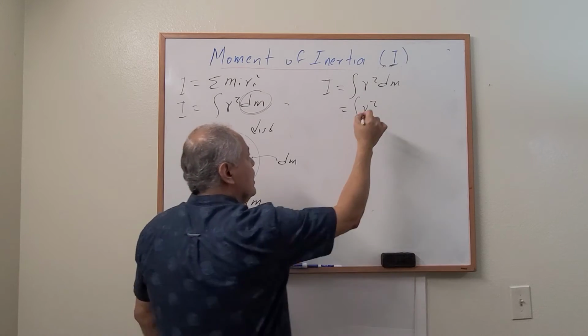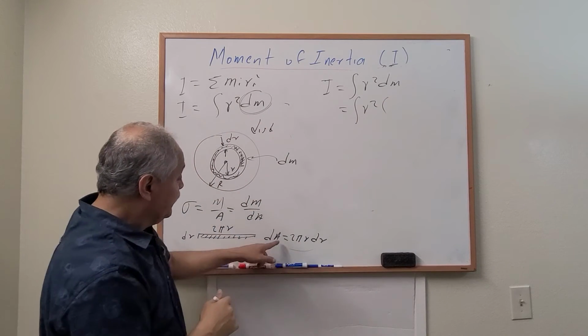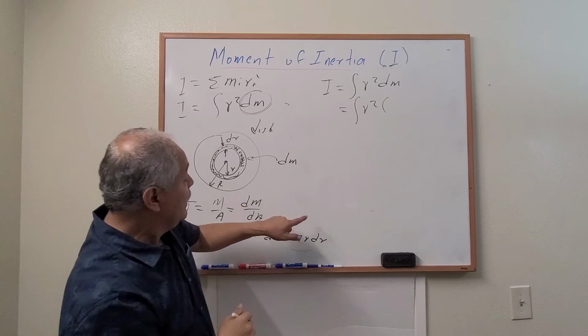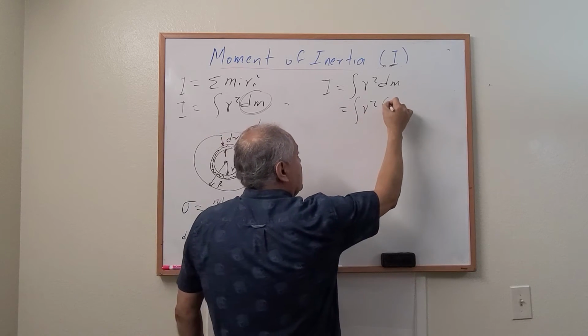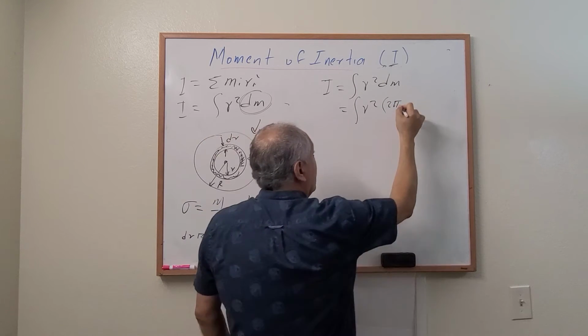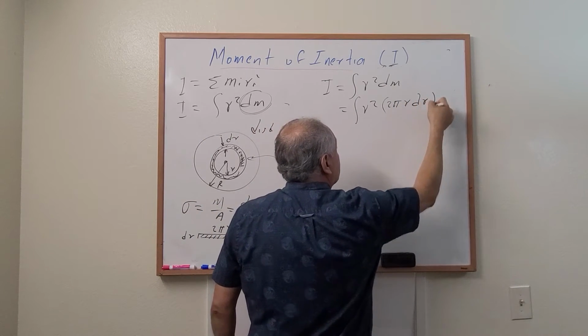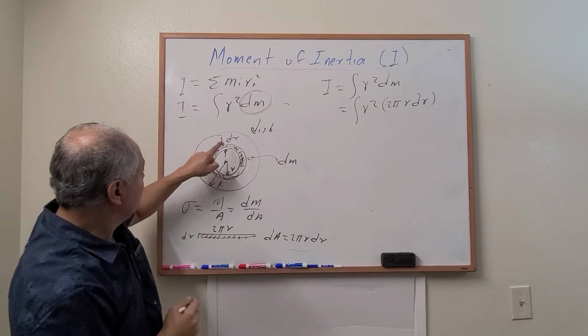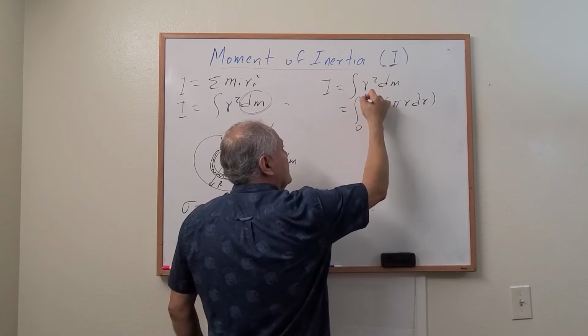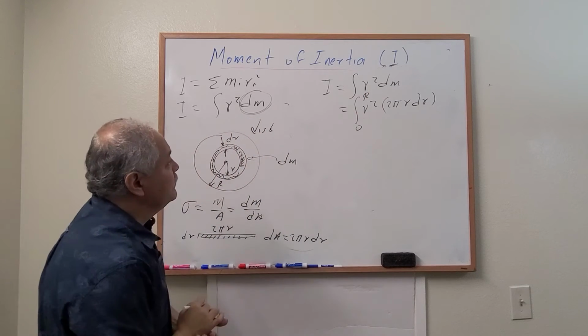Now we apply this equality right here, and this equals r squared times 2 pi r dr. And then r goes from where to where? From 0 to big R. These are the limits. Perfect.